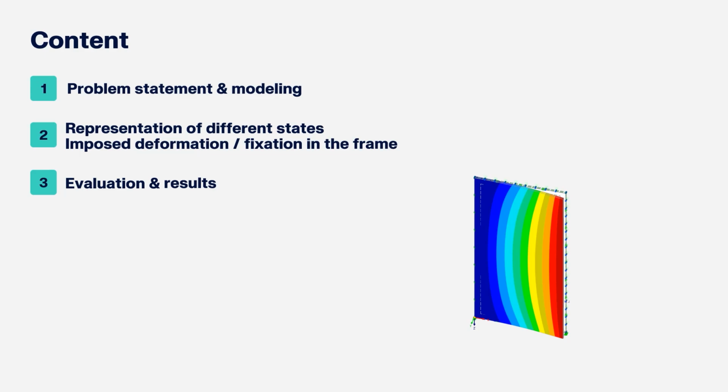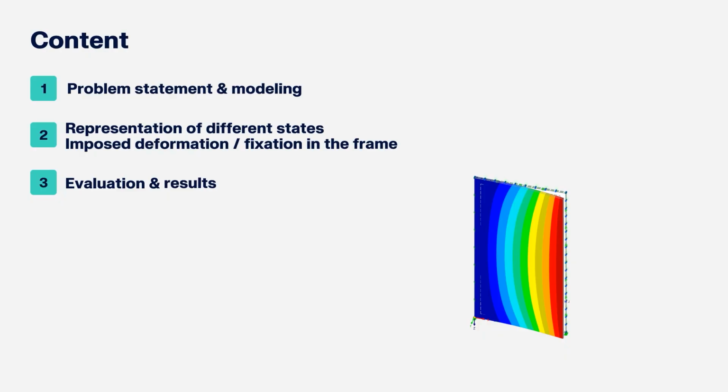The second case I could imagine is that mistakes were made during the installation, and maybe the facade should be plane, but it isn't. So I have small differences to a plane state, and I have to consider these stresses additionally to my other loadings.